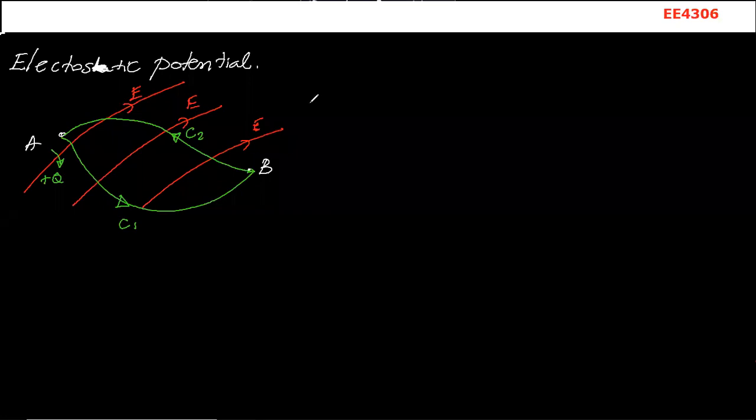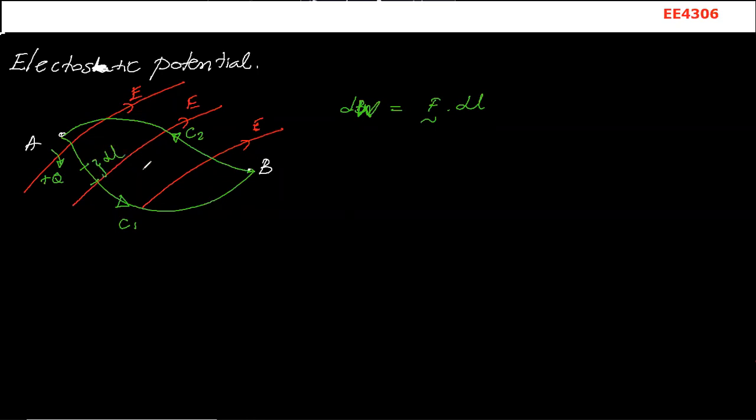And then the work done against this electric field, you can write down dW equal F into dl. So I refer here to the differential length on this contour path, dl.